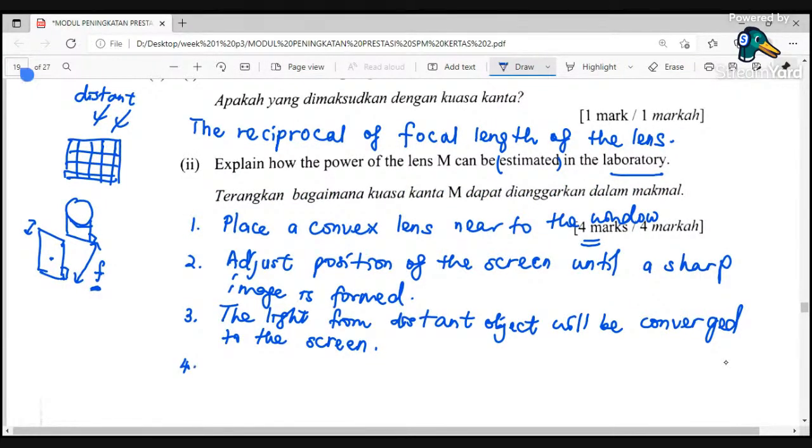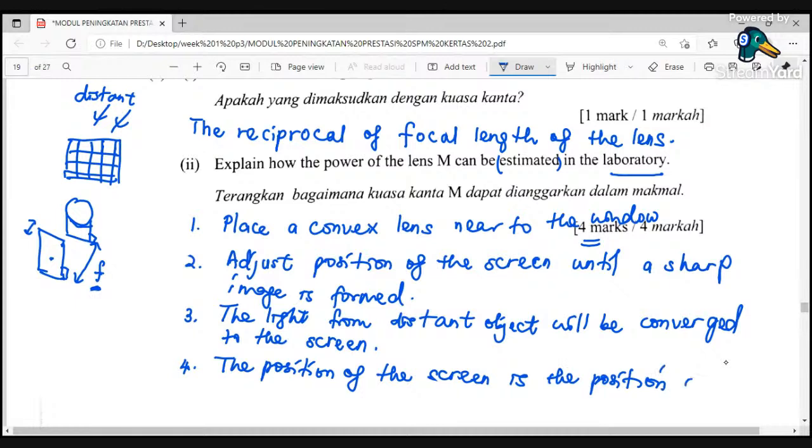The position of the screen is the position of focal point.